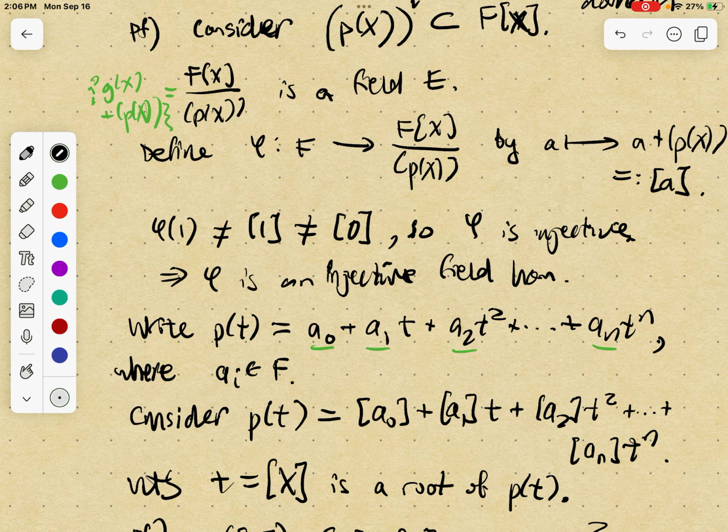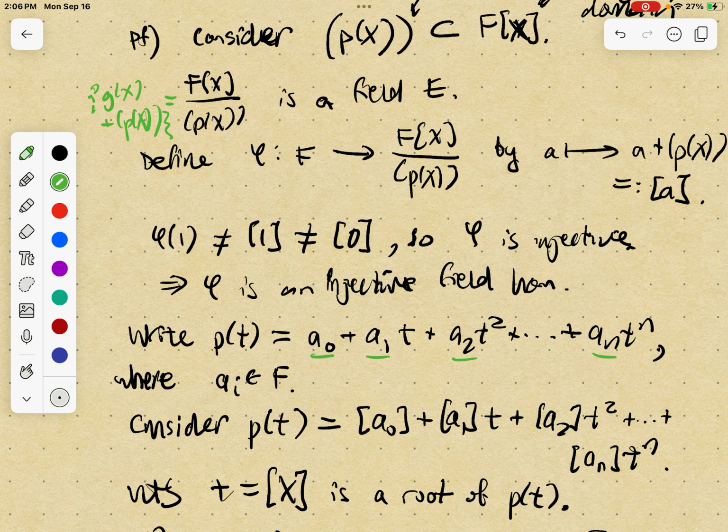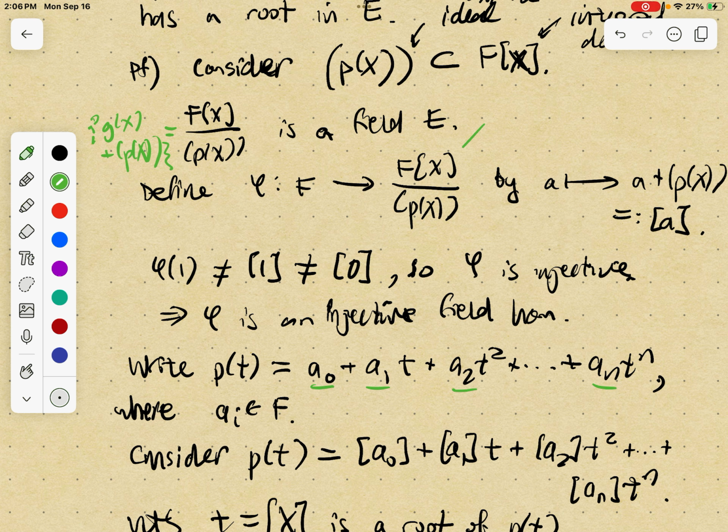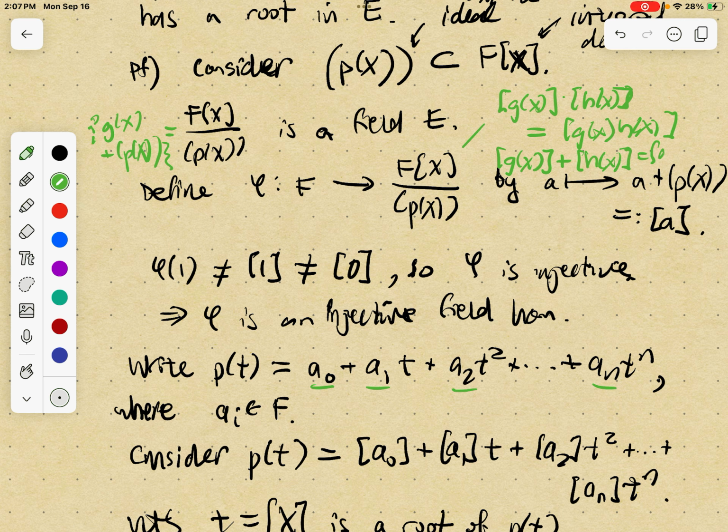How did we define the operations of a field, the addition and multiplication here? Let's just recall that the way we defined it is that if you have the coset of g times the coset of h, that's defined to be the coset of g of x times h of x, right? And you also define the addition by this property, that you add two cosets by just adding the elements in each coset and then checking that that's well defined.